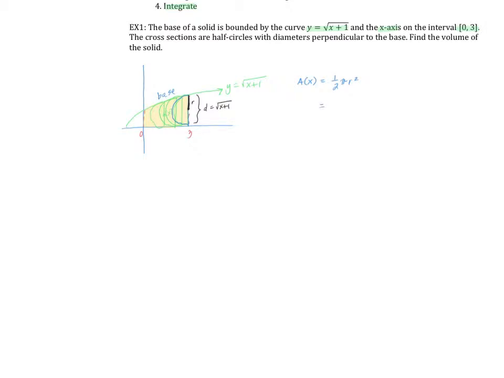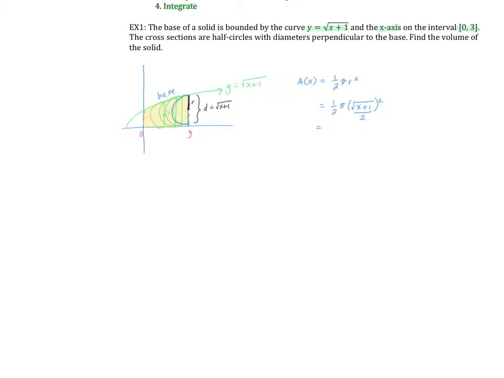So each of my cross sections will be the area of a half circle, which is 1/2 pi, and my r is the square root of x plus 1, over 2, squared.